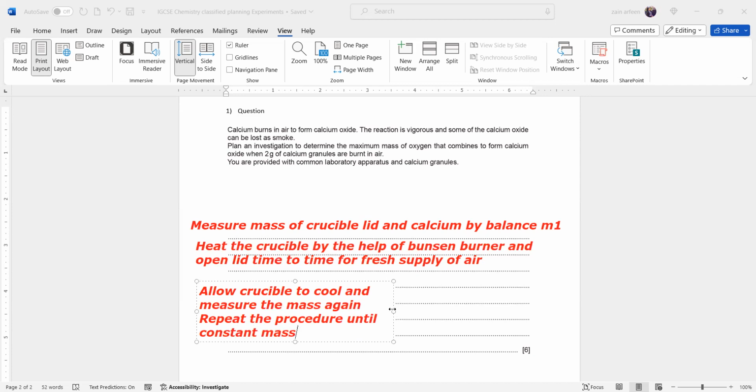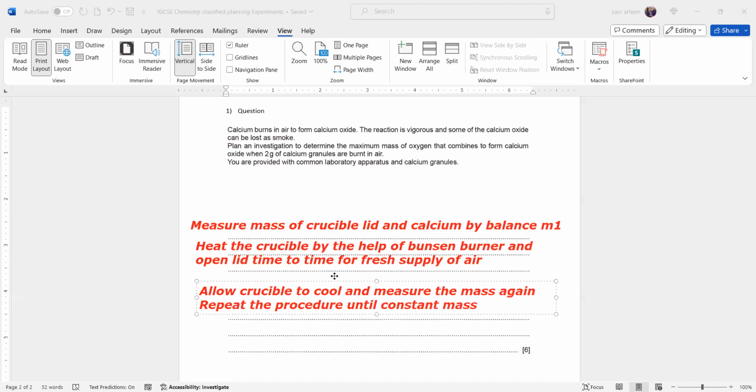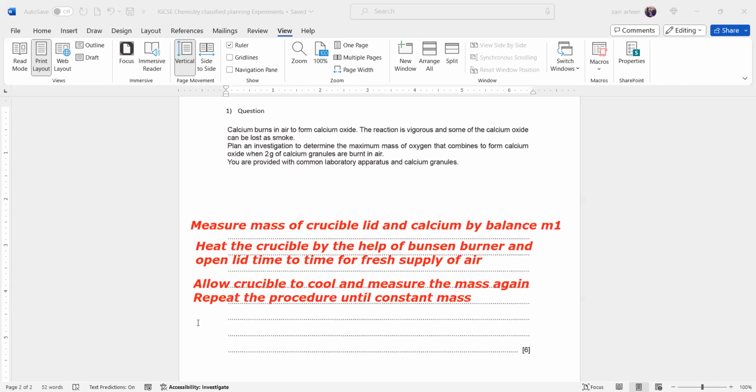So allow the crucible to cool and measure the mass again and repeat the procedure until we have a constant mass. That constant mass we call M2. So the mass of oxygen reacted is equal to M2 minus M1.